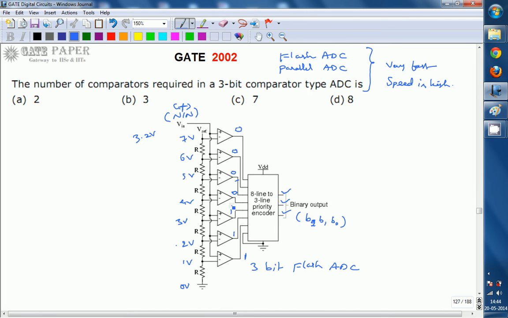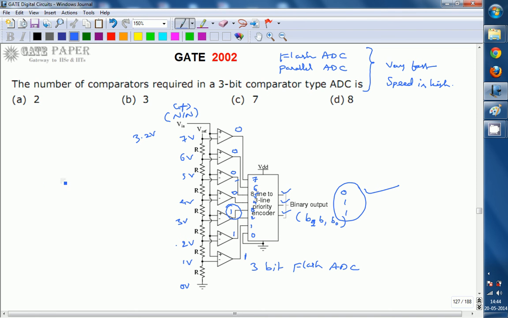Numbering the lines 0 1 2 3 4 5 6 7, this corresponds to the third line. 3 in decimal is encoded in binary as 0 1 1, so 0 for B2, 1 for B1, 1 for B0. This is the operation of the flash type ADC.